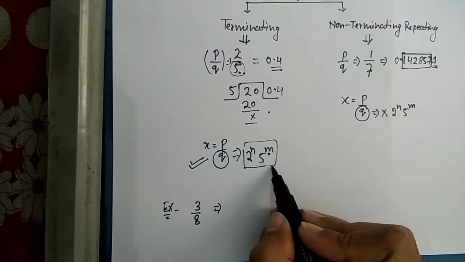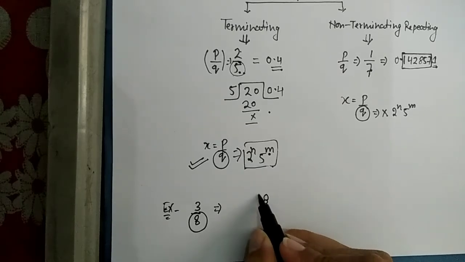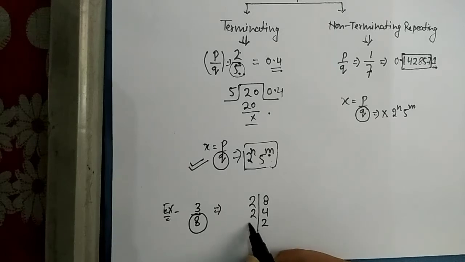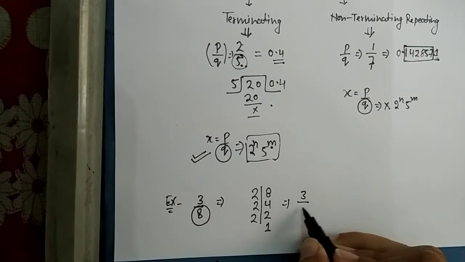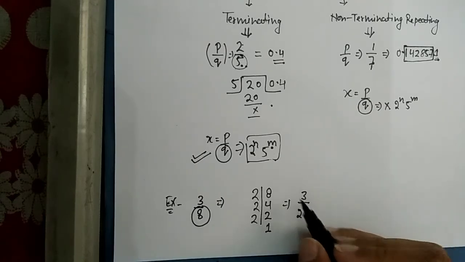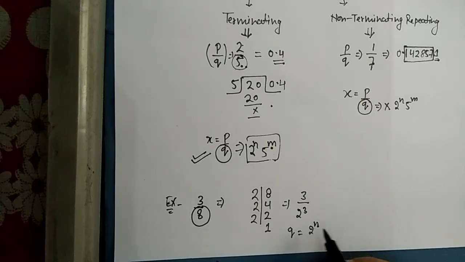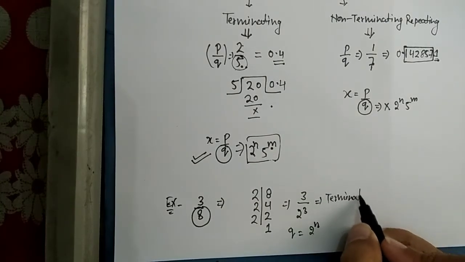Otherwise you will do it this way only. Here denominator is 8. Let's factorize the denominator. 2 times 4 is 8, 2 times 2 is 4, 2 times 1 is 2, that is, this is 3 upon 2 to the power 3, that is, Q is of the form of 2 to the power n. So this is terminating.